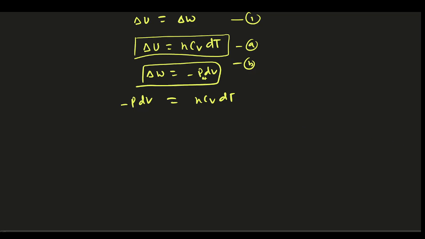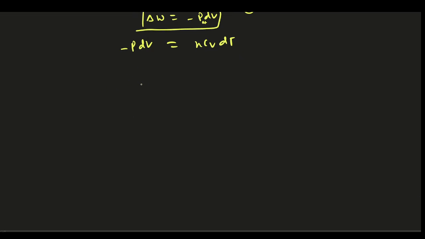So now I will use the ideal gas equation. The ideal gas equation says PV equals nRT, so P equals nRT by V. I want to put that value of P over here, because this is for a reversible process.